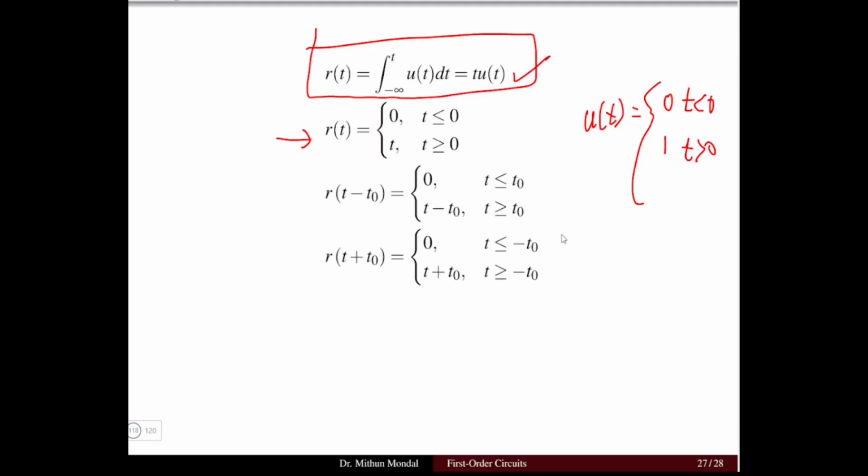Here we need to multiply only by t, so that gives us 0 here, and here we get t for r(t). Now these two are the delayed function and advanced function, where the switching operation has taken place at t naught. Any time below t naught will be 0, and this will be t minus t naught. Here it will be t plus t naught, and here it will be 0 for less than t naught.